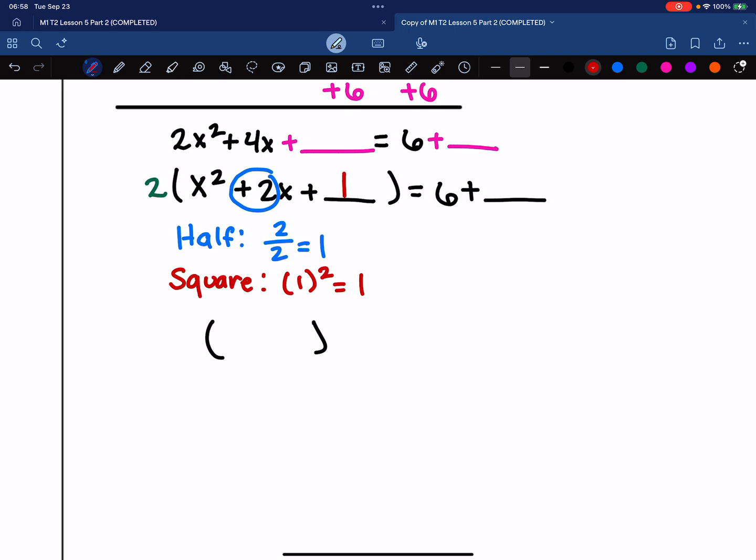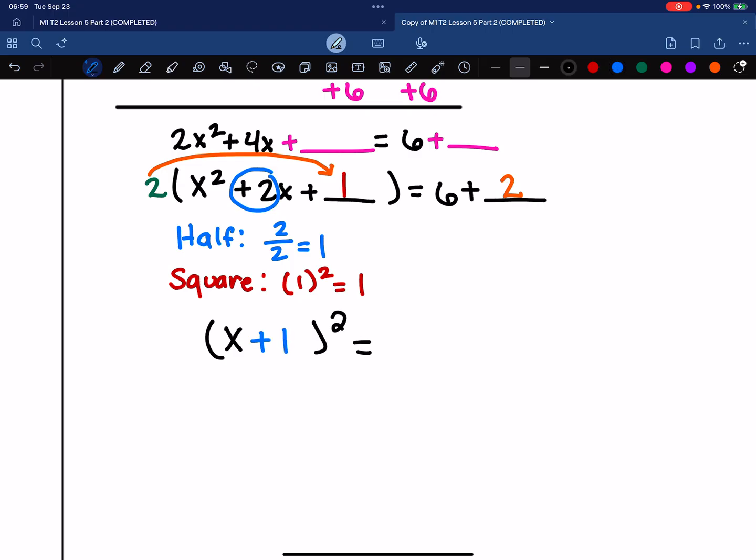But I forgot something. So we placed a 1 in this spot, but a 1 does not go here. To get the number that goes here, you actually have to take this 2 times that 1, and so we put a 2 here.